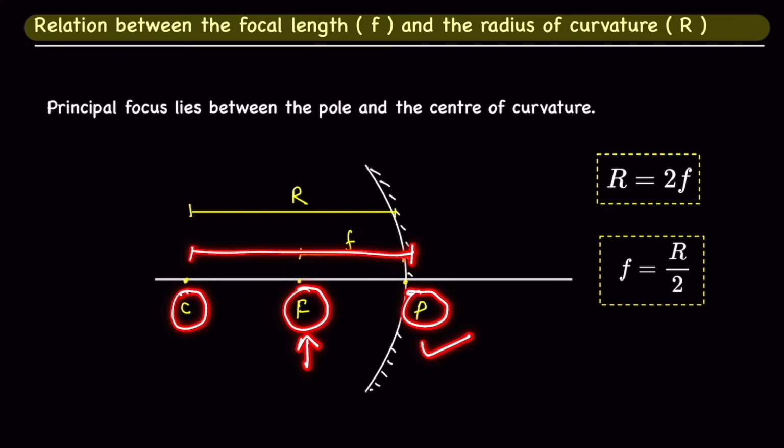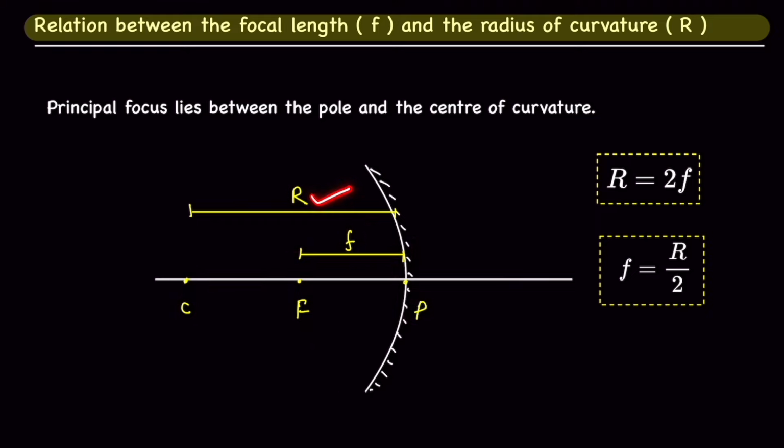So the principal focus is the midpoint of C and P. If the distance between P and C is represented as capital R, and the distance between P and F is represented as a small f, which is the focal length, and the focus is the midpoint of C and P, it means that the radius of curvature is 2 times the focal length. So R is equal to 2f. So f is equal to R by 2. Sometimes in numericals we will use this relation.